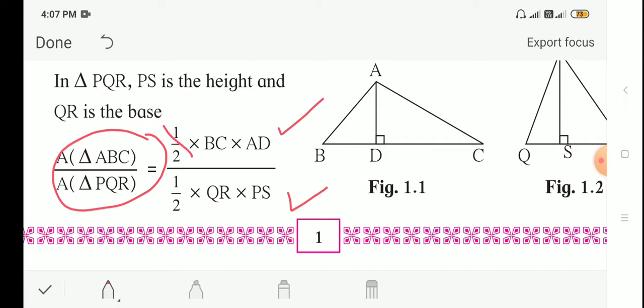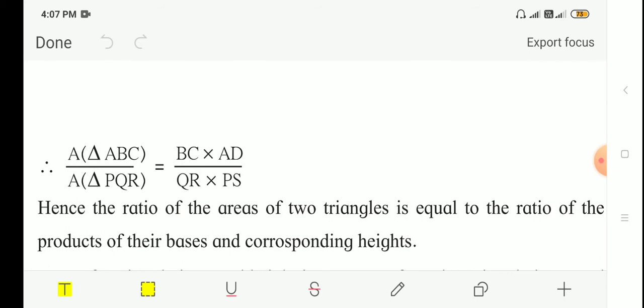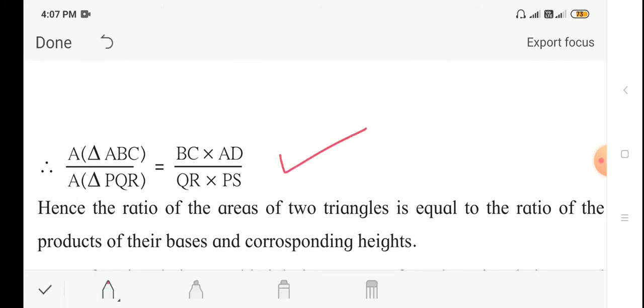1/2 factor in numerator and denominator cancel because these are the same factors. Therefore, another step, 1/2 cancel, then we get ratio of the area of the two triangles is equal to BC into AD divided by QR into PS.